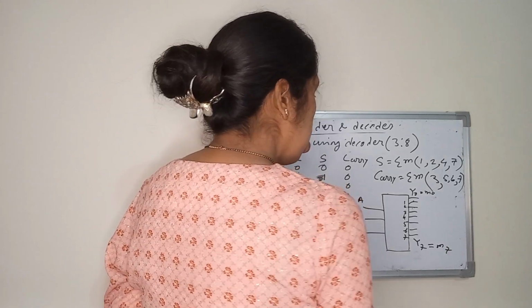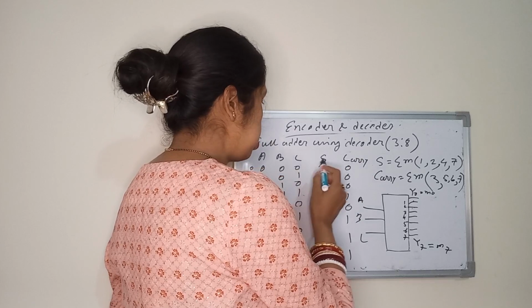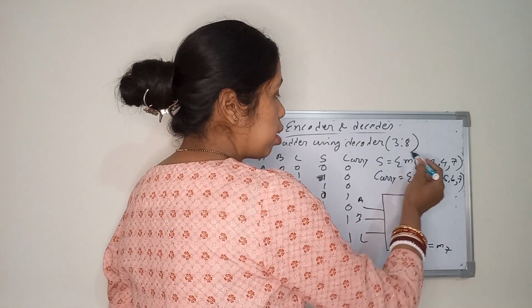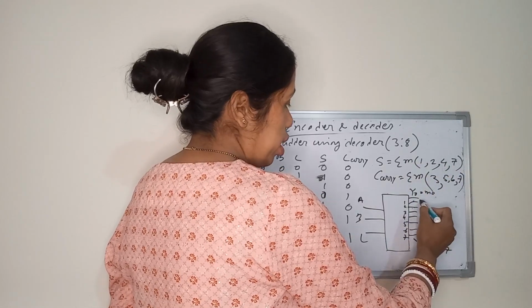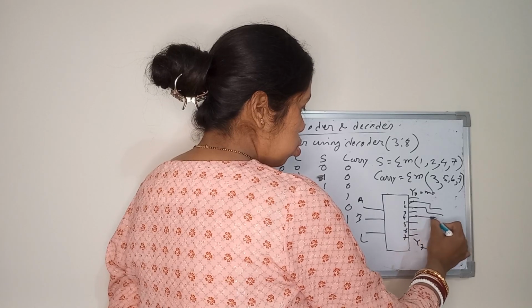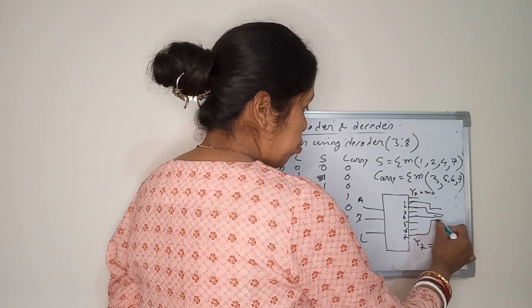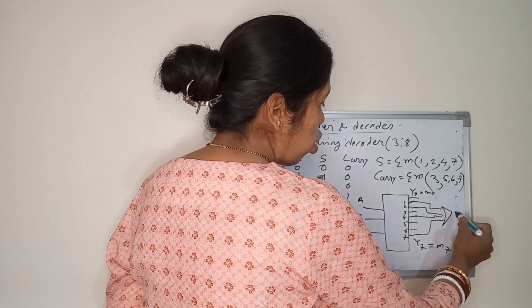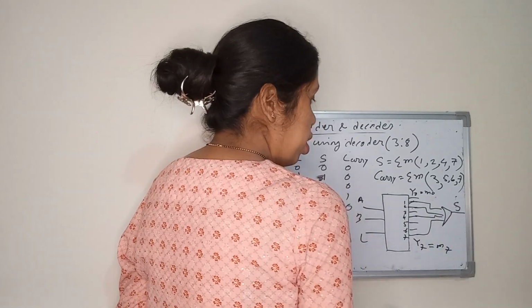So if you want to design the sum and carry for the full adder, how will you get the sum? You take min terms 1, 2, 4 and 7. From there, if you add the OR gate, you will get the sum here, right?